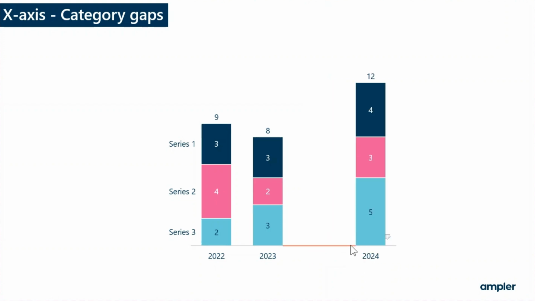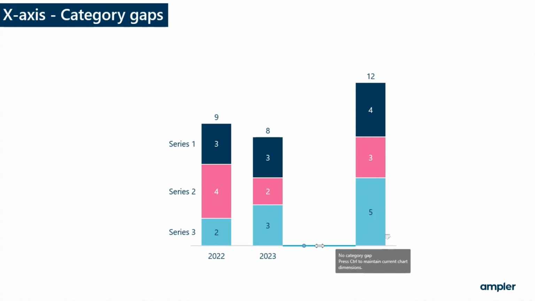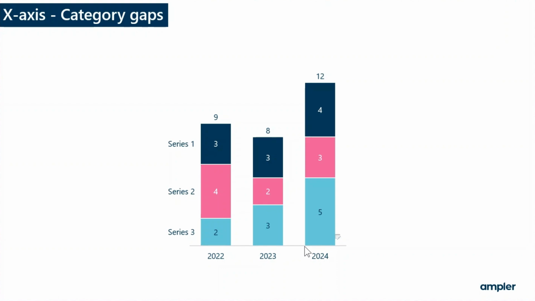To remove the category gap, grab the handle and pull the handle until no category gap appears in the tooltip. When adding a category gap, the chart width will automatically adjust. If you want the chart to keep its existing size, you can hold Control while dragging the category gap.